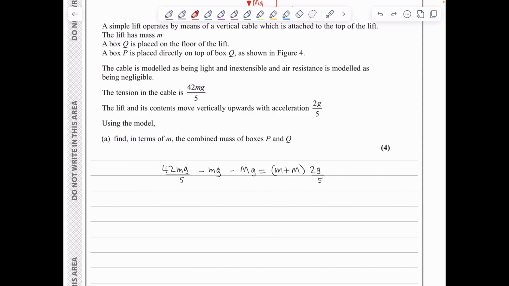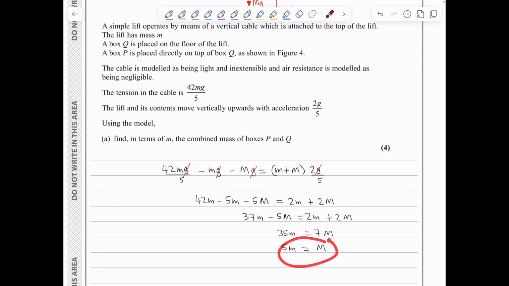Now the first thing we notice is that there's a common factor of g, and we cancel this out, and then I'll be multiplying everything by 5, leading to 42m minus 5m minus 5 times capital M is equal to 2m plus 2 capital M. So we're looking at 37m minus 5 capital M is equal to 2m plus 2 capital M. So we have 35 small m is equal to 7 capital M, and therefore the value of capital M, the combined masses of P and Q, is equal to 5m.